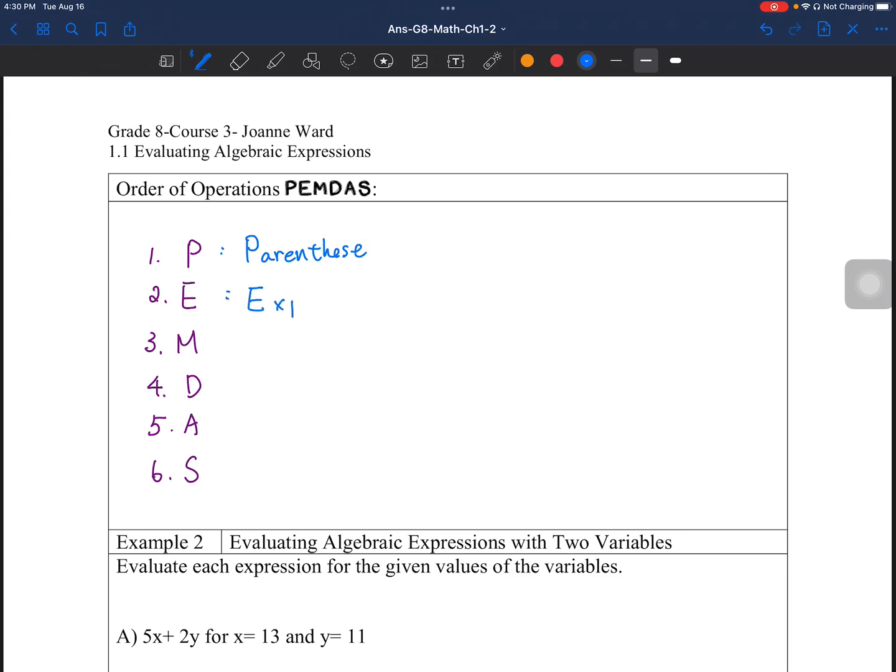Then I do exponent, then multiplication, division, addition, and subtraction.